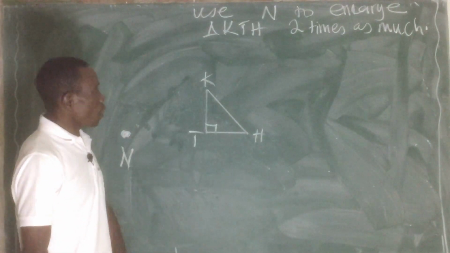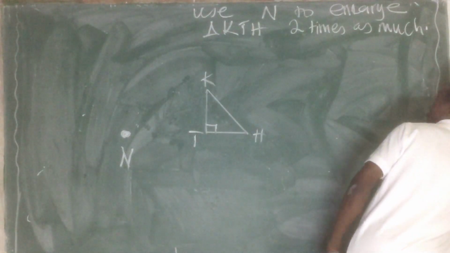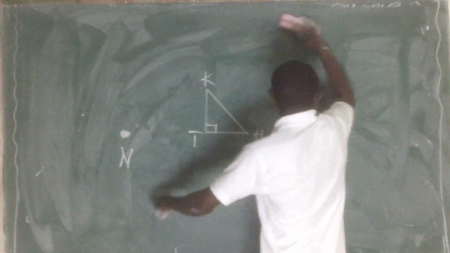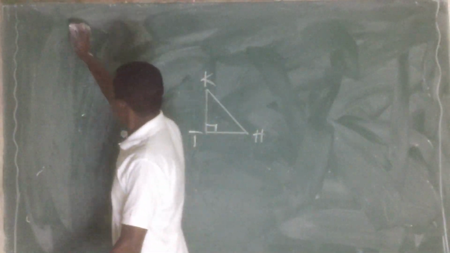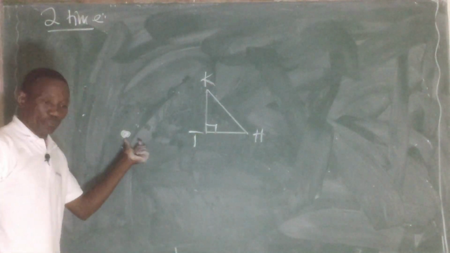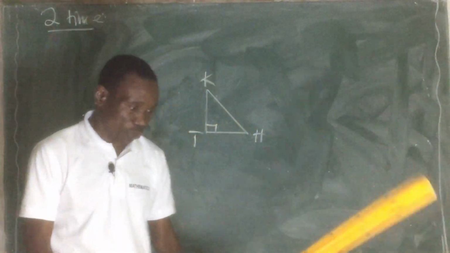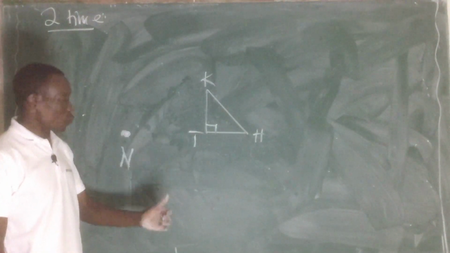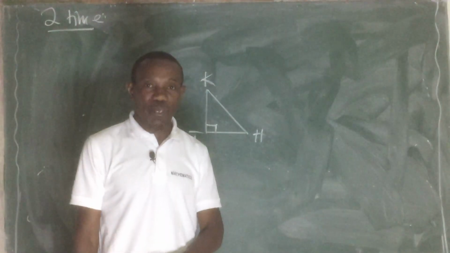So just like now, how can I double the dimensions of this triangle? Right. So what we're going to do here is this simple activity, which I wanted to explain up in the actions. Double as much, 2 times as much. Just indicate here, 2 times as much using N. So when you are asked such type of questions and your question is presented like this, with a point N, just know for sure that point will be defined as the center of enlargement.